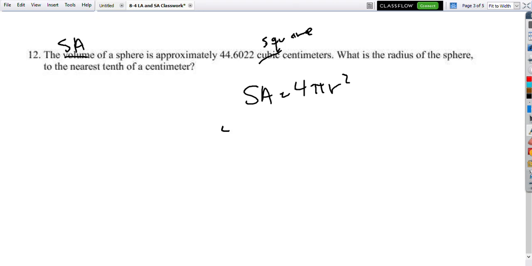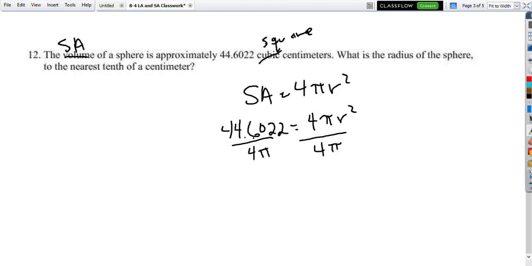So this 44.6022 is going to go in for SA, and then 4 pi r squared goes over here. So we're going to divide by 4 pi, and this number, whatever we come up with, I'm not even going to do it.